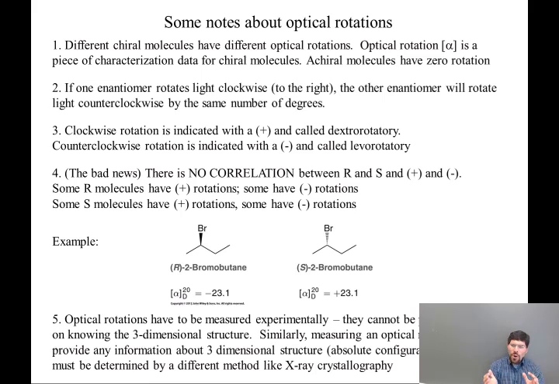Okay, so in addition to the fact that you have to measure the rotations experimentally, the converse of the bad news is that measuring an optical rotation will not provide any information about the three-dimensional structure.